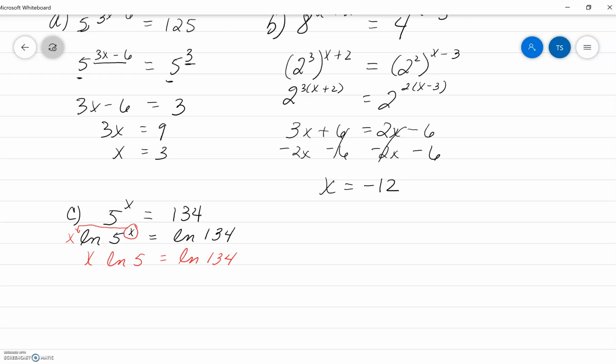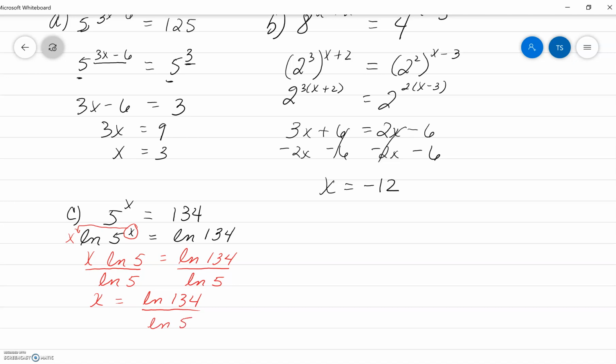I do know that the natural log of 5 is some crazy decimal, and the natural log of 134 is also a crazy decimal. I don't care what they are, the calculator's going to do it for me. At this point, I'm going to divide by the natural log of 5. That's going to give me x equals the natural log of 134 over the natural log of 5.